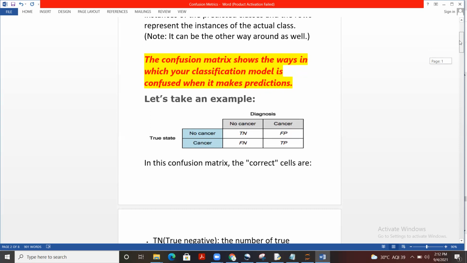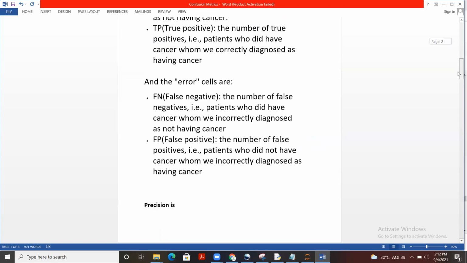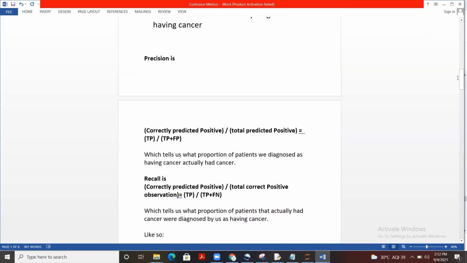Apart from this, while calculating these values, true negative, false negative, true positive and false positive, sometimes we evaluate the model based on precision and recall. We check the precision and recall score, what exactly precision is and what exactly recall is. Precision is the proportion of patients we diagnosed as having cancer who actually had cancer.